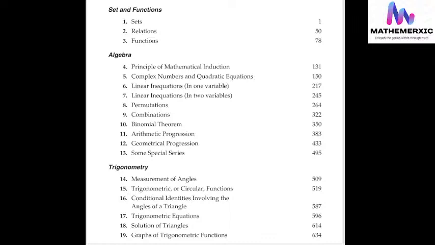Even in the next chapter, which is complex numbers, there is the Leibniz formula and many other formulas which we prove with the help of induction. So basically, for the proving part, we need mathematical induction.